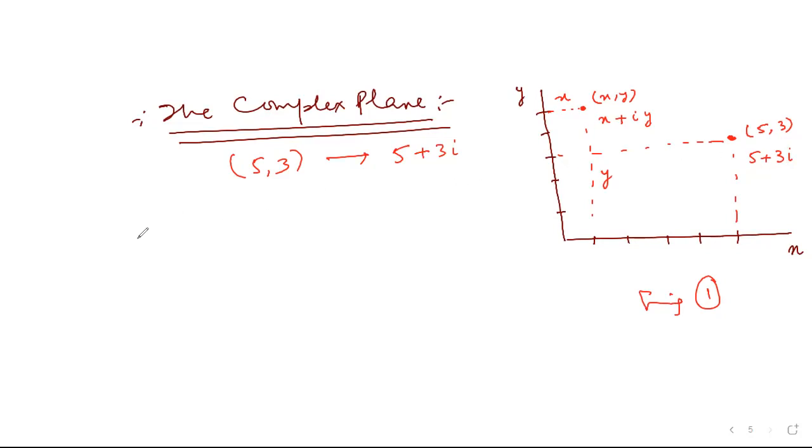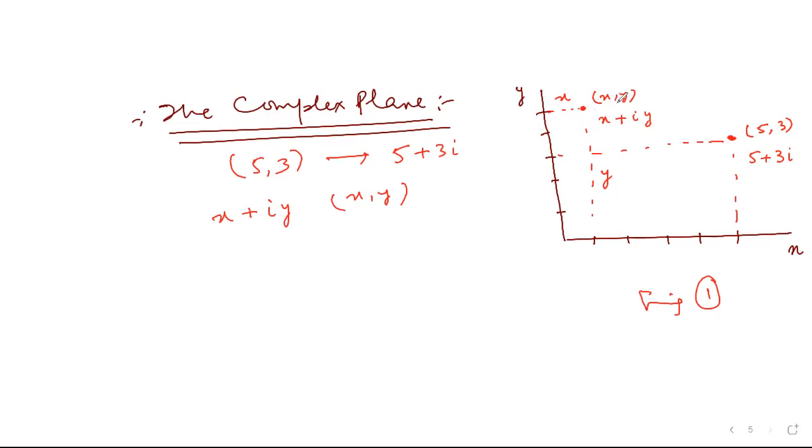Similarly, any complex number x plus iota y, x and y being real, can be represented by a point x comma y in the xy plane, as we have shown. This point here is x distance from the origin along the x-axis and y distance along the y-axis from the origin.